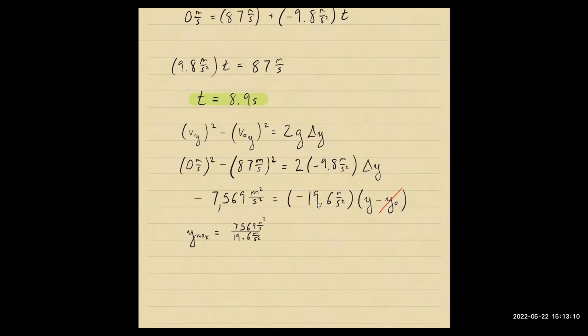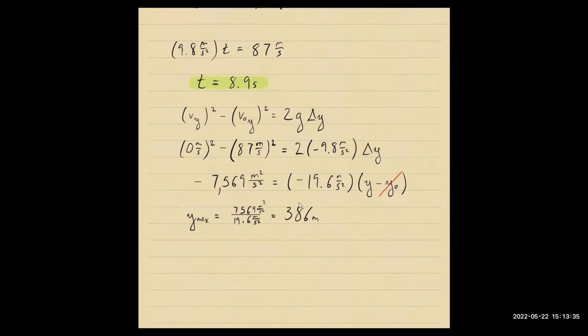Right, where I've canceled out the minus signs. So this is going to be equal to a height of about 386 meters. So we've said that our max height we're going to denote as h. So it's going to be 386 meters.